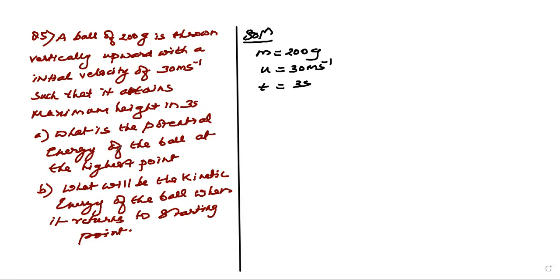So here, children, I know the value of M, 200 gram. I know the value of g, children. g will be 9.8 meters per second squared because it is not mentioned.